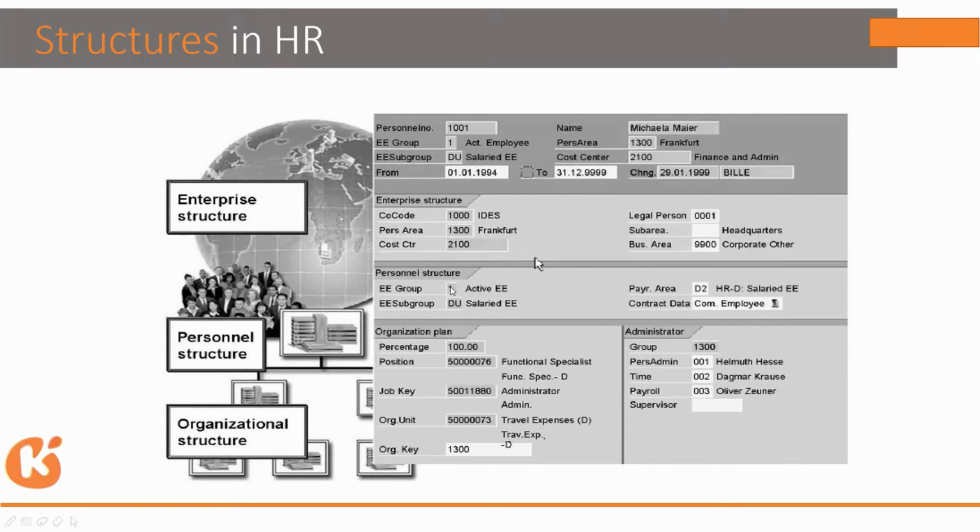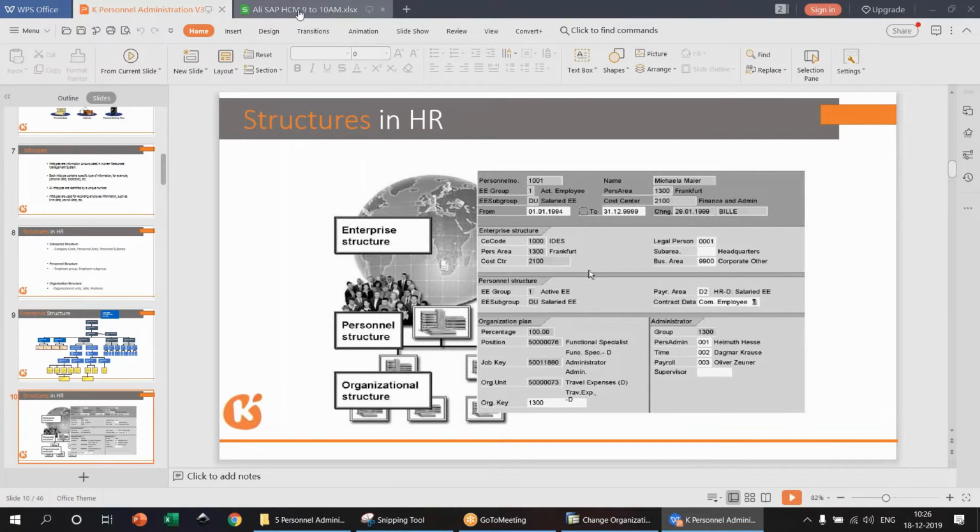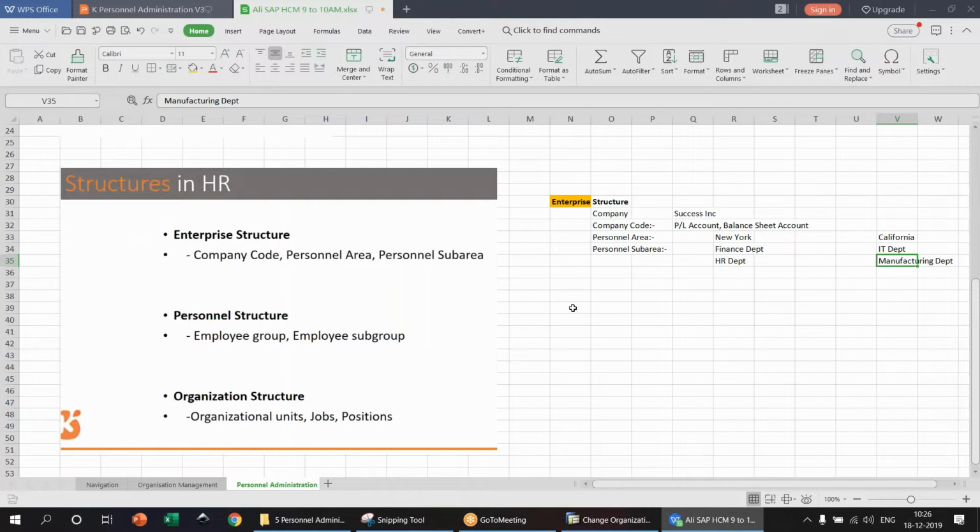And similarly, you can see this is a personal area. So what do you mean by the personal structure? Personal structure means whether the employee is an active employee or not active. In your personal structure, you're going to see whether the employee is active or not active.